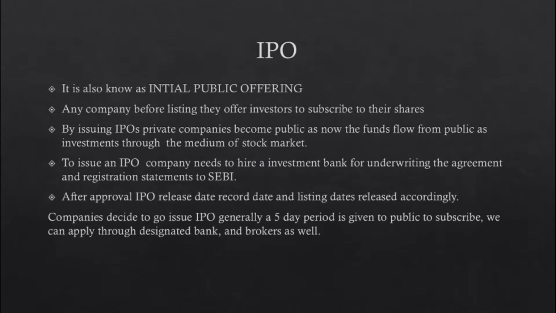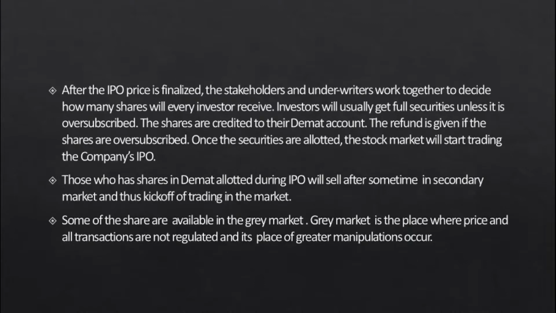Once a company decides to issue an IPO, they will give a 5-day period for the public to subscribe. Before that they will do marketing and everything, but there will be a 5-day period to subscribe. For that we can apply through designated banks, brokers, etc. Once the IPO price is finalized, the stakeholders and underwriters work together.